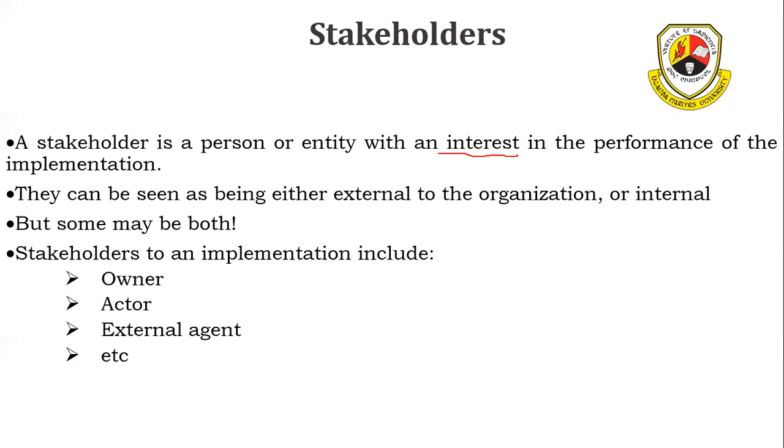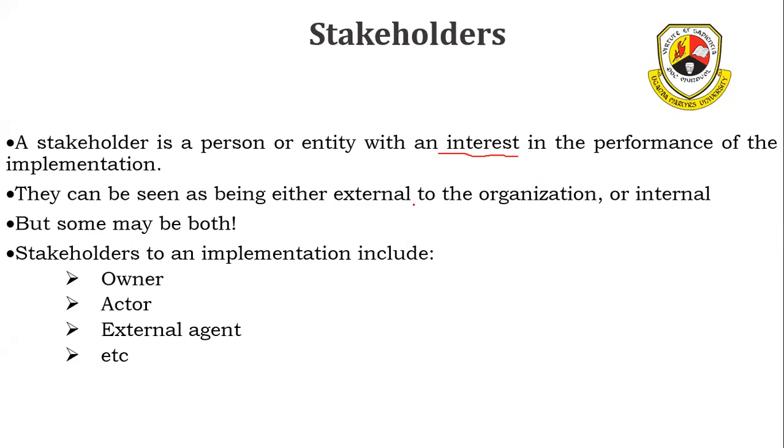The interests differ. You may find the mother in the household is interested in the cleanliness in the home. The father may be interested in academic performance. Whatever it is, everybody has an interest. So when you transfer that same ideology to an organization, you have stakeholders, and the stakeholders have different positions.